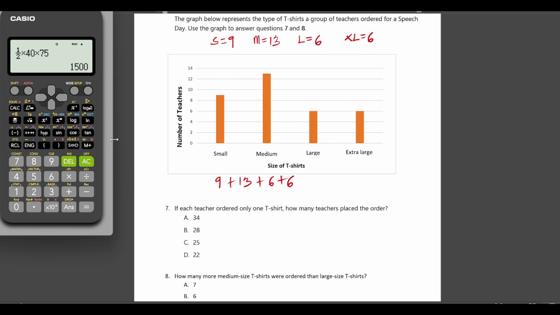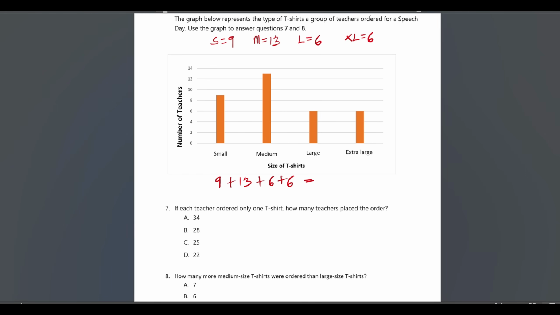So let's see. 9 plus 13 plus 6 plus 6. 34. So we have 34 teachers. So we select option A.